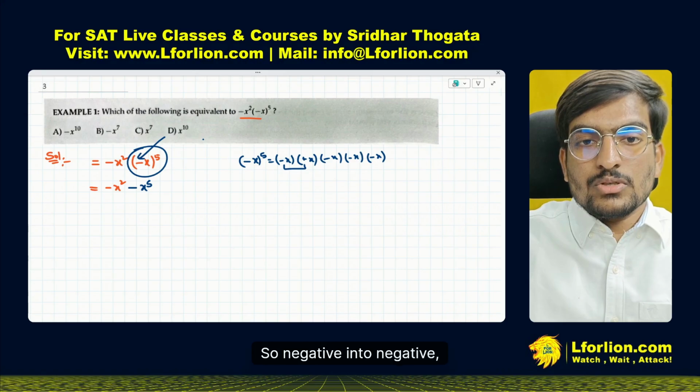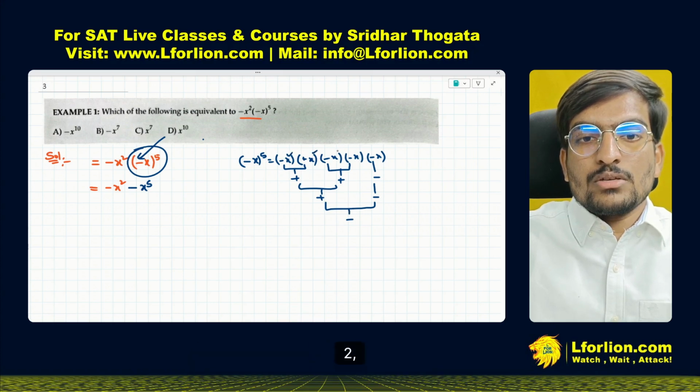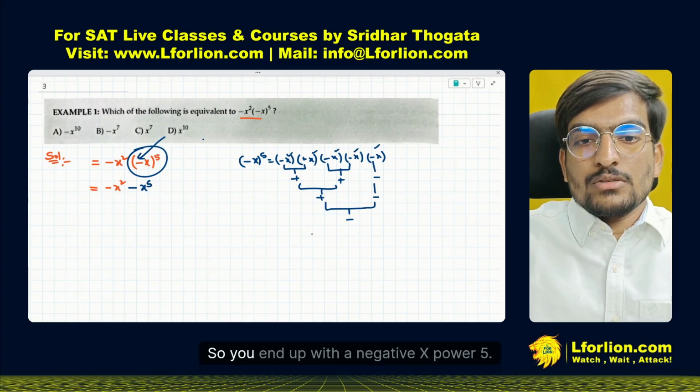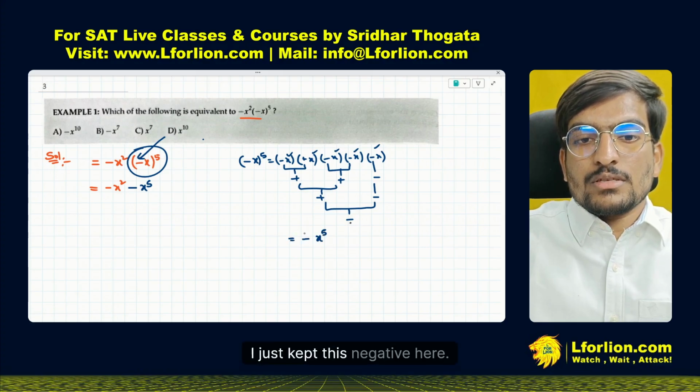Negative into negative is positive. Negative into negative, positive. Positive into positive is positive. And here this one negative. This positive and this negative end up with negative. So 1, 2, 3, 4, 5. So you end up with a negative x power 5. I just kept this negative here.